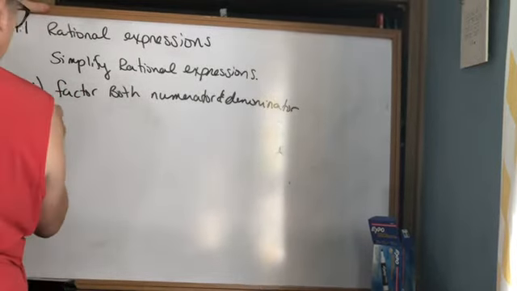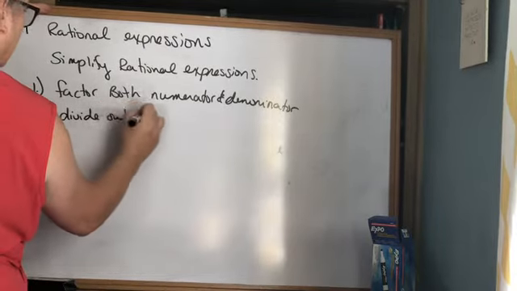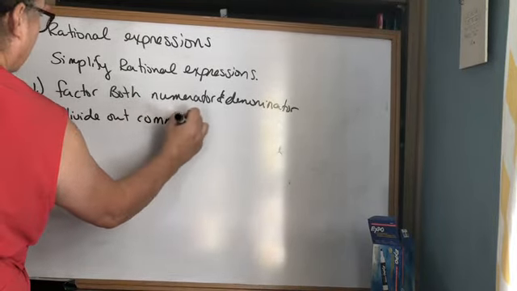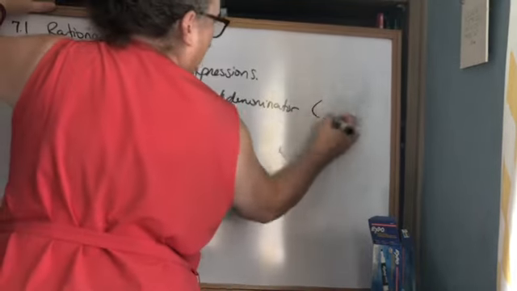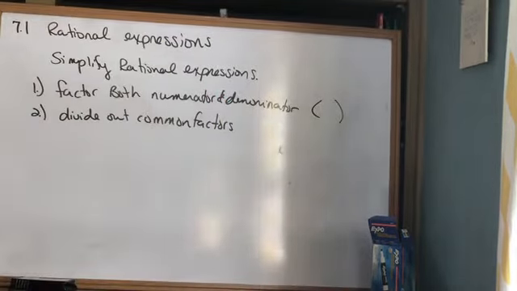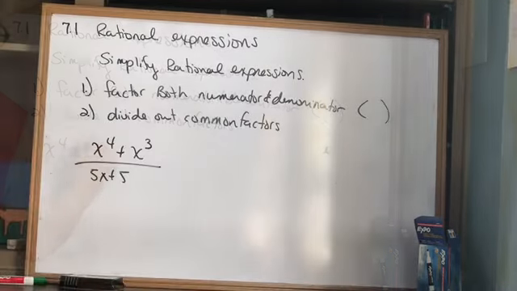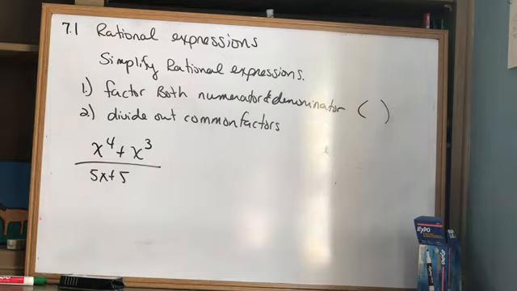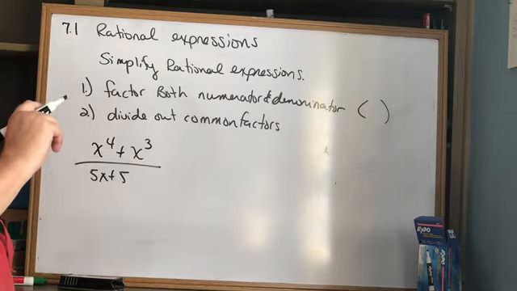And we're going to then divide out. Now this is where we're going to be really making use of those parentheses, and I'll show you why here in just a second. So we have x to the fourth plus x cubed over 5x plus 5.